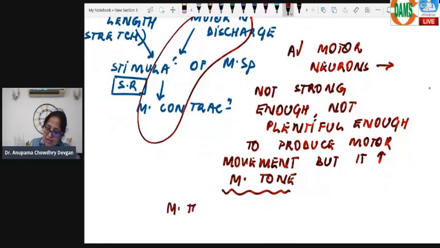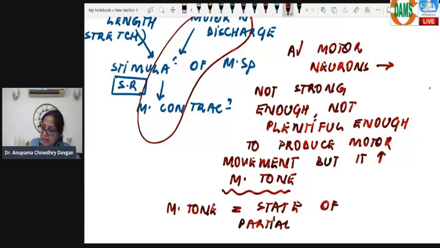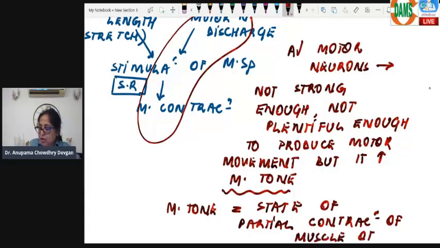Muscle tone is the state of partial contraction of the muscle at rest. That is what is known as muscle tone.